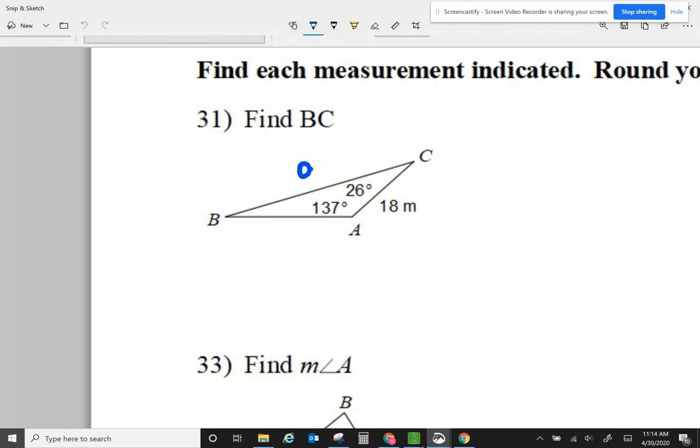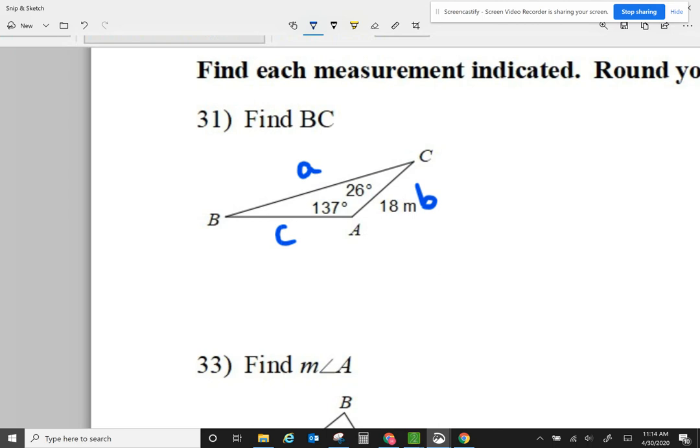I'm going to call this side A, this is side C, and this is side B. One thing from geometry, I remember that the 3 angles of a triangle equal 180. If I'm given 2 angles, I can easily find the third angle. I'm given 2 angles here, 137 and 26.